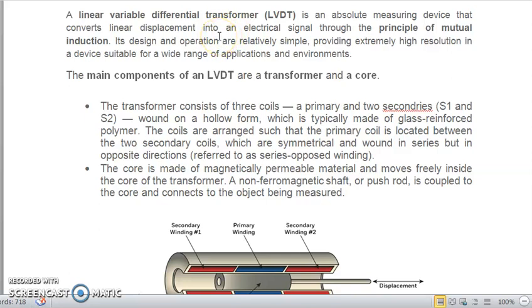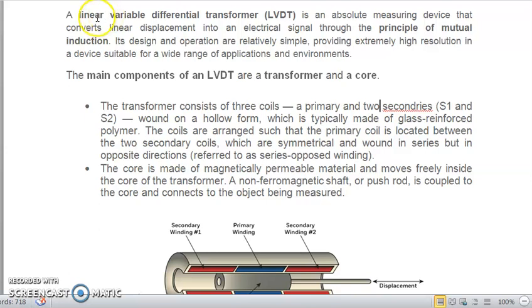Transducer means that one physical quantity is transferred from one section to another, and the form of the physical quantity is also changed into another form. Here it is a transducer which converts linear displacement into electrical signals.